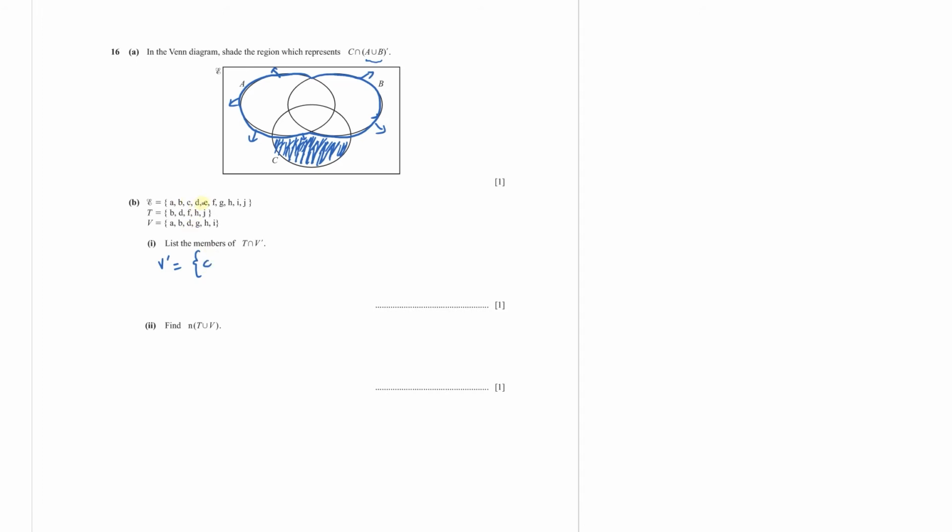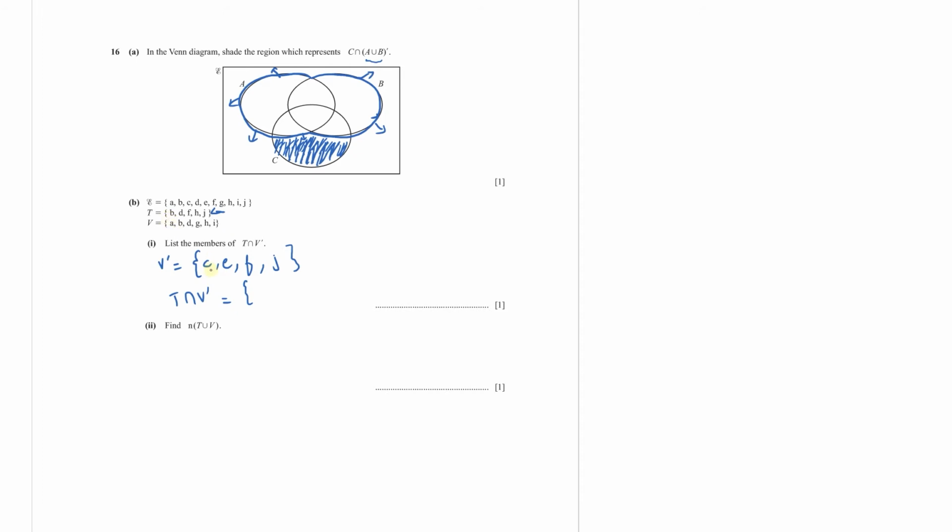D is there. E is not there, so E will be part of V complement. F as well, F is not part of V. G is here, H is here, I is here, J is not there, so J is also part of V complement. Now you have to find T intersection V complement, which will be the elements that are common.